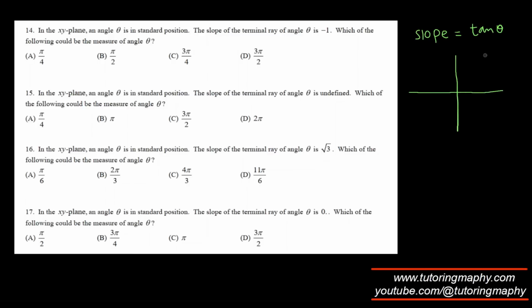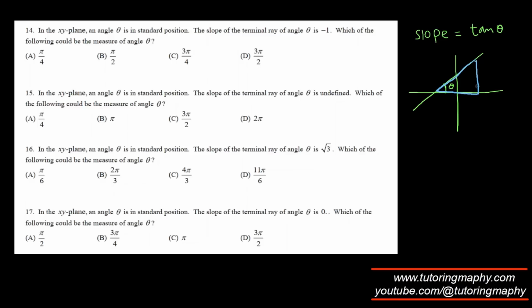Let's say we have, let's take any straight line, something like that. And let's say it is making an angle of theta in the standard position. Okay, let me make a triangle over here, with a different color.